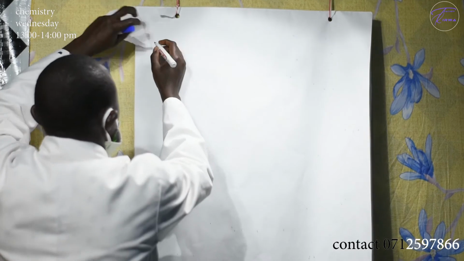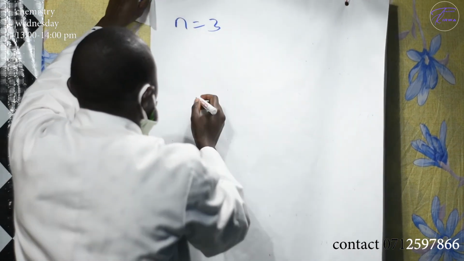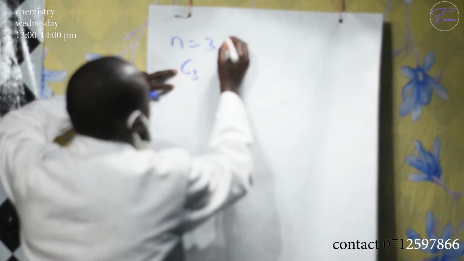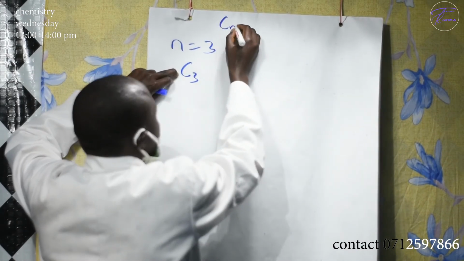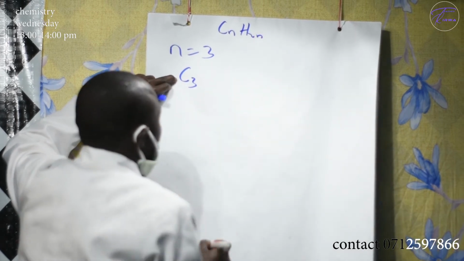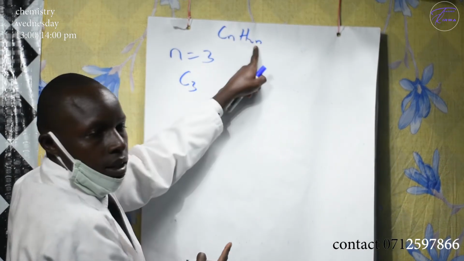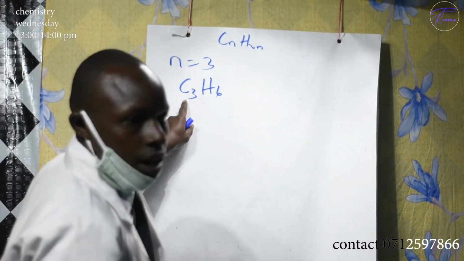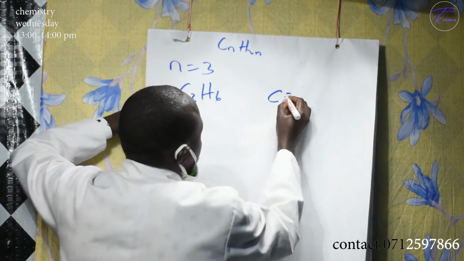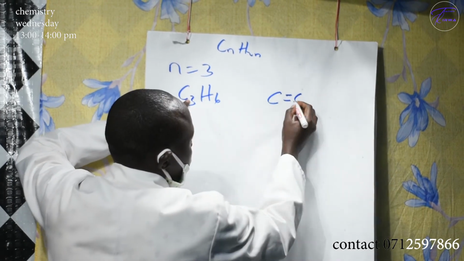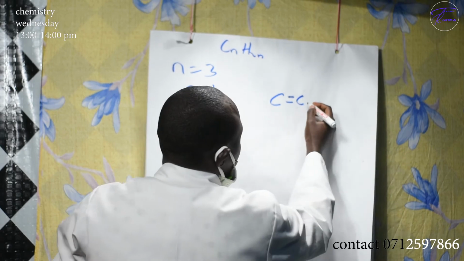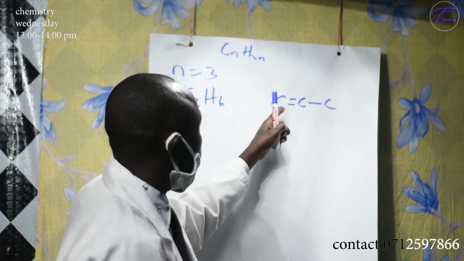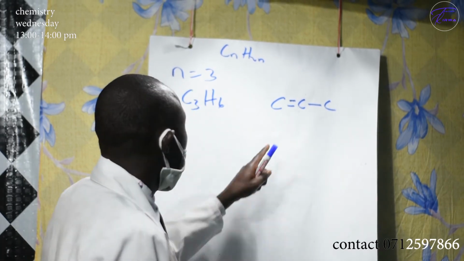The second member is where n is equal to 3. Where n is equal to 3, this is C3. So we are following the general formula CnH2n. So C3, H2n is 3 times 2 is 6. So H6. Again, we have 3 carbon atoms. We need to have a double bond between the first and the second carbon atoms, and then we have the third carbon atom. Now for hydrogens, you fill the remaining tetravalency using hydrogen.